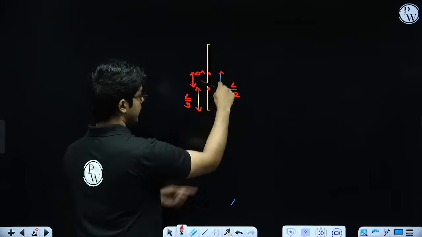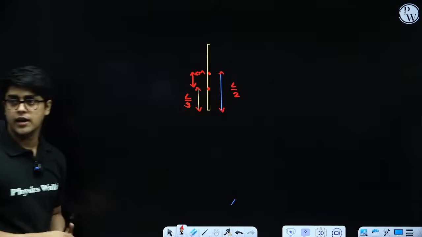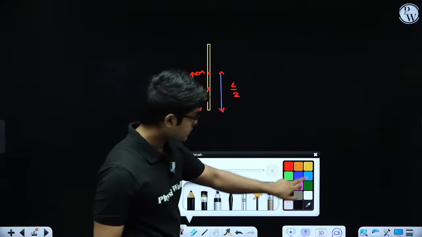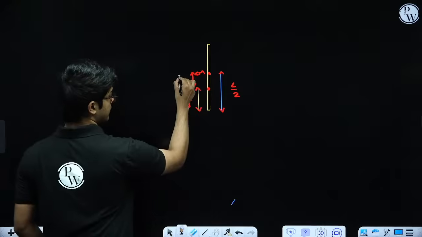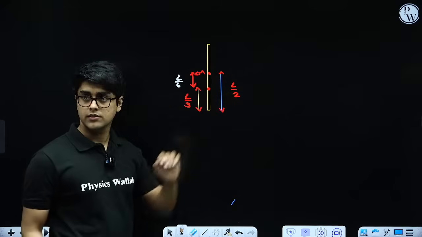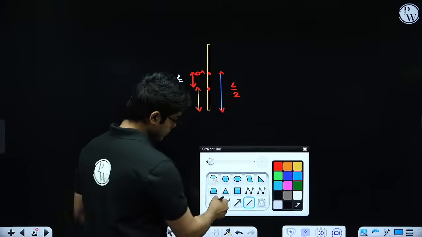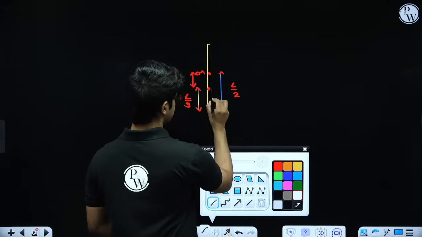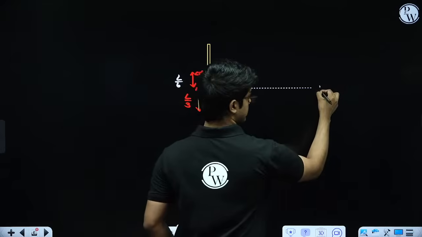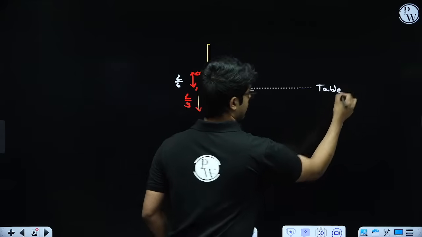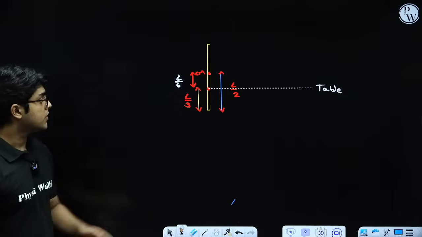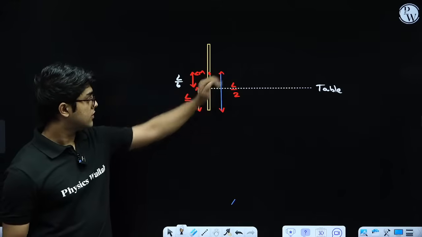That will be simply L by 2, the total distance, minus L by 3, which is going to be L by 6. So initially the center of mass is L by 6 above the table's level. Let's draw the table's level using dotted lines. So this was the table's level. The center of mass is L by 6 above. Now what will happen? The rod will rotate clockwise.